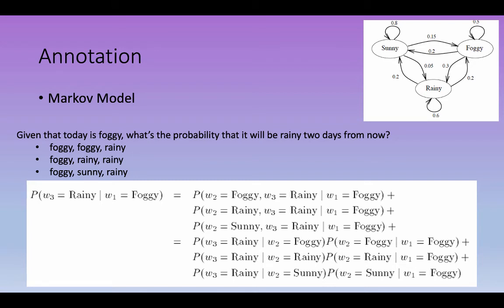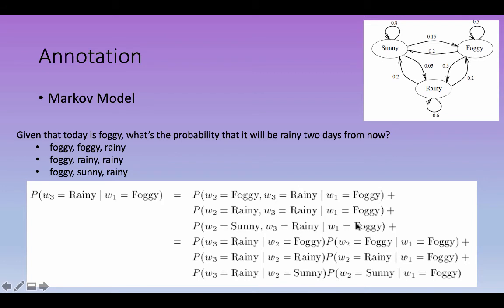If I actually want to calculate that, I start having to generate these other probabilities. I have to use my additive principle to say, what's the probability that day 2 is foggy and day 3 is rainy, given that day 1 is foggy, and I have to add up this other path and this other path. These are the 3 different paths that I have to add up.